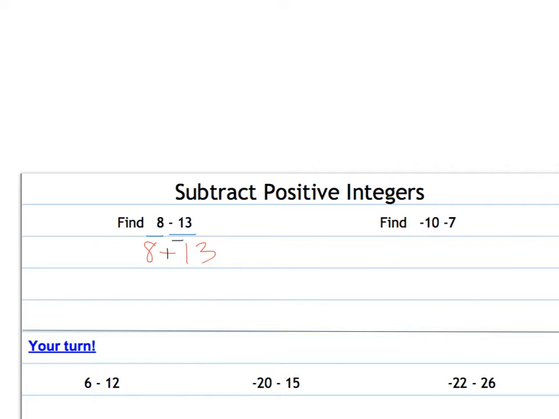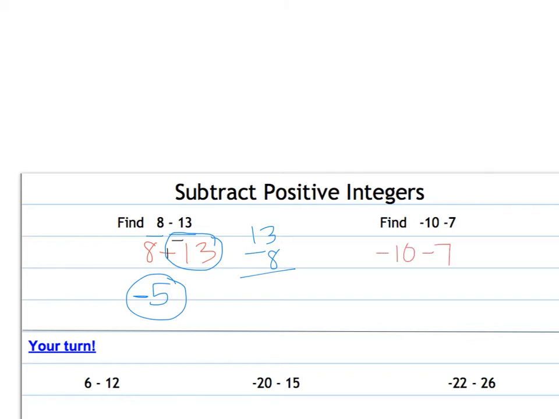So then I can see, just going back to adding, I have more negatives than positives, so my sum will be negative. And then I say, how many more is 13 than 8? And I get a remainder of 5. So if I have 8 and I'm giving someone 13, well, I don't have enough to give them, so I'm going to owe them 5 remaining.